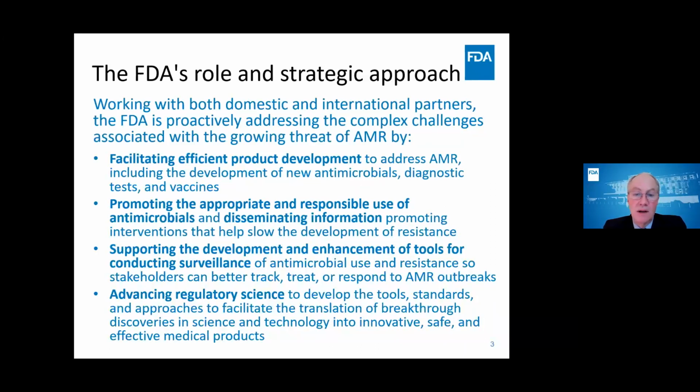In particular, we work on disseminating information to promote different interventions and risk mitigation strategies, and to help slow the development of resistance. Another very important area is supporting the development and enhancement of tools for conducting surveillance of both antimicrobial use and antimicrobial resistance.